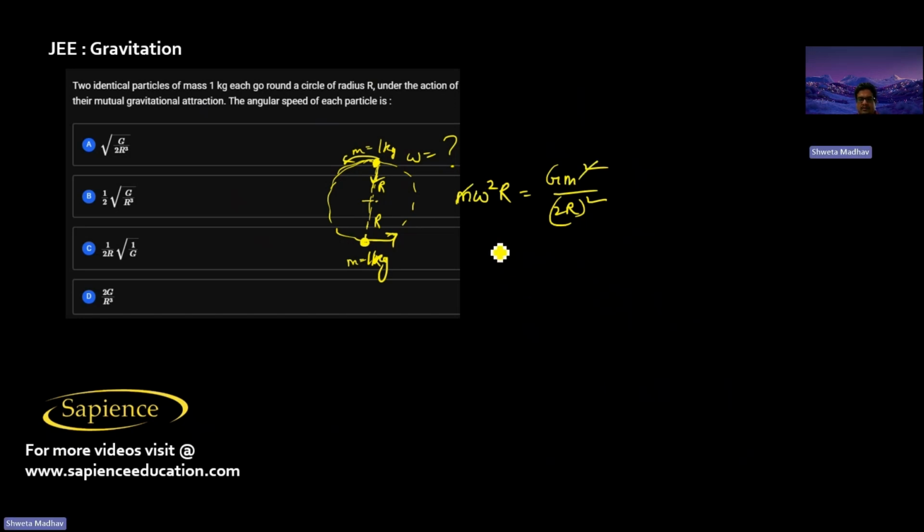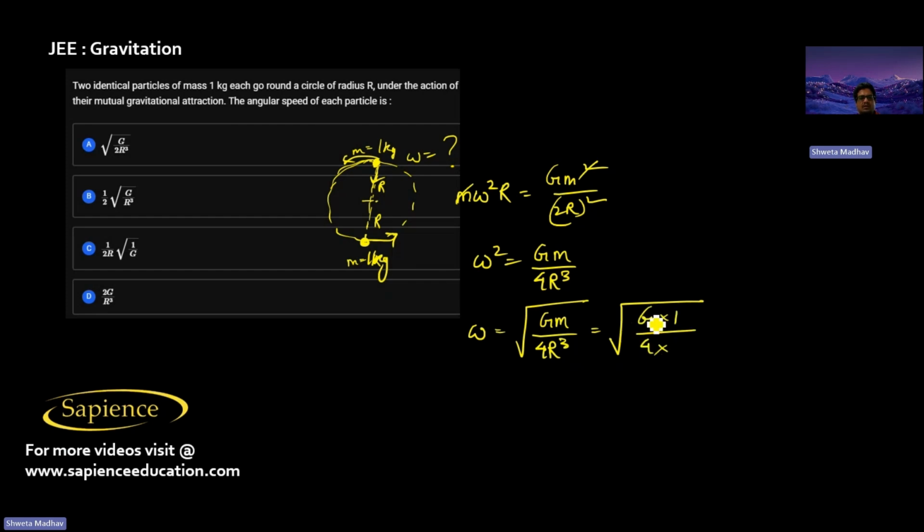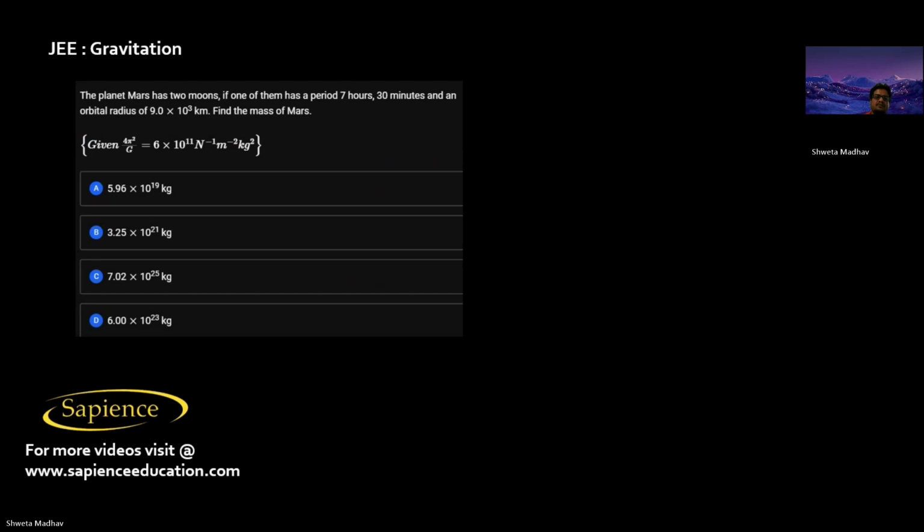So m and m will get cancelled. So omega square will be equal to Gm by 4r cube. So omega will be equal to root over Gm by 4r cube, which is equal to root over G into 1 kg, by 4 r cube. It is root over G by 4r cube, or I can say it is 1 by 2 root over G by r cube. So option B is the correct answer.